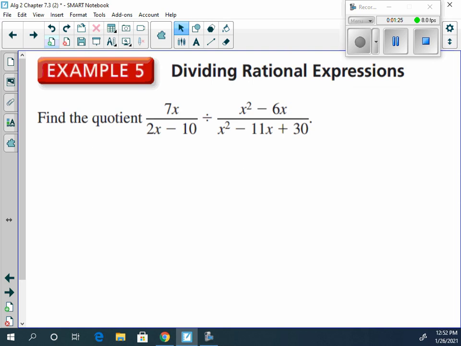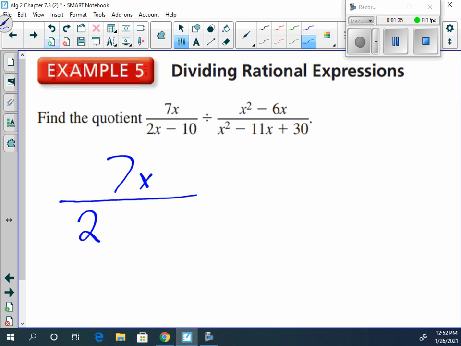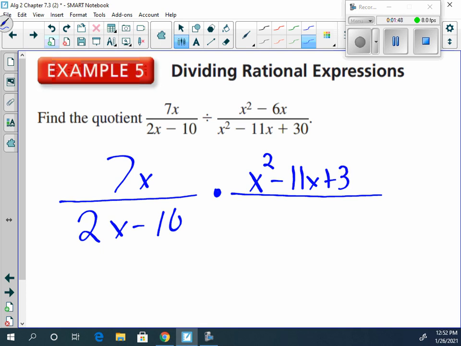So when we look at something like this here, really, we have it set up as division, and we would be dividing these two here. I'm just going to rewrite it for now. But we're going to change it from division to multiplication and flip the second fraction. So we have x squared minus 11x plus 30 over x squared minus 6x.